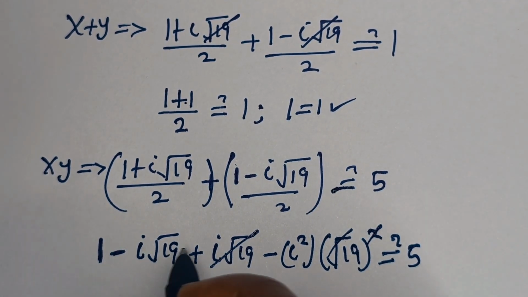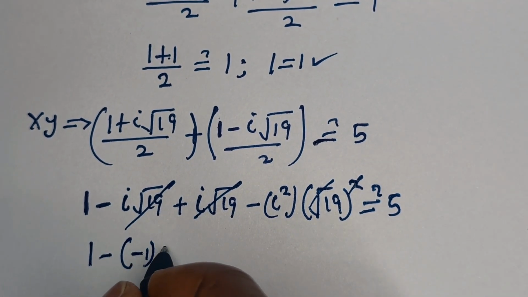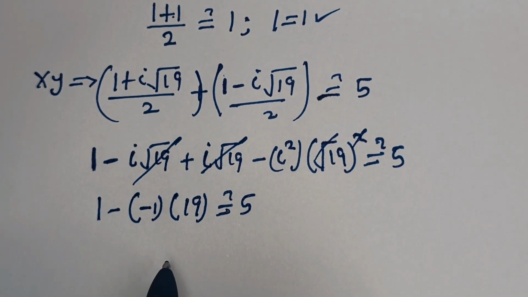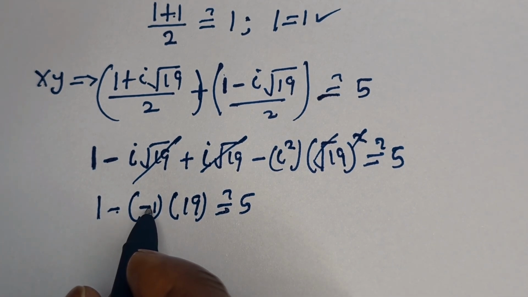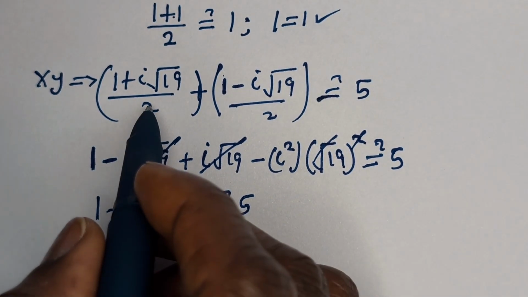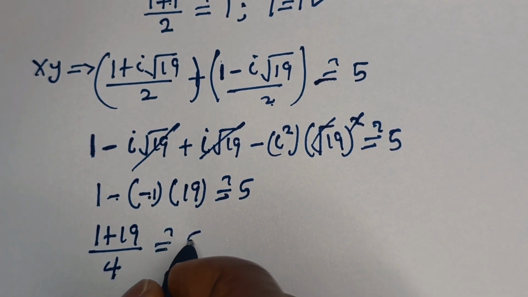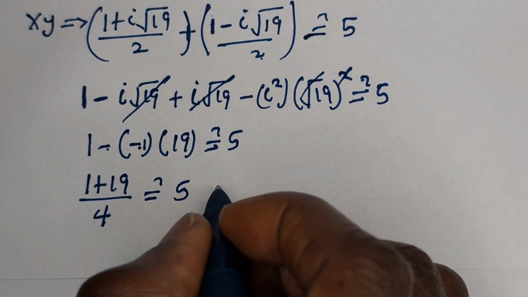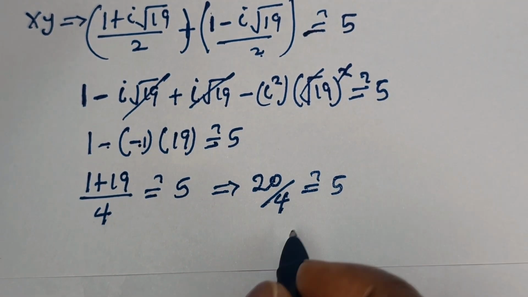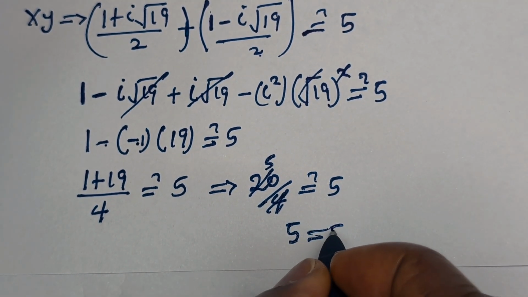This cancels this, this cancels this. Here we have 1 minus i squared, which is minus 1, multiplied by 19, must be equal to 5. Then minus times minus 1 is plus 1, times 19 is plus 19. We have 1 plus 19. Now here we have 2 multiplied by 2, that is 4. Over 4 must be equal to 5. Then this is 20 over 4 must be equal to 5. 4 here 1, 4 here 5. Then we have 5 is equal to 5, which is true.